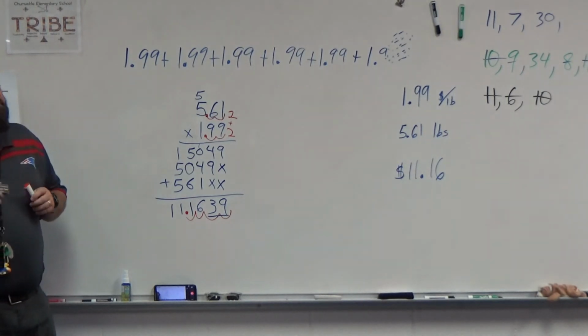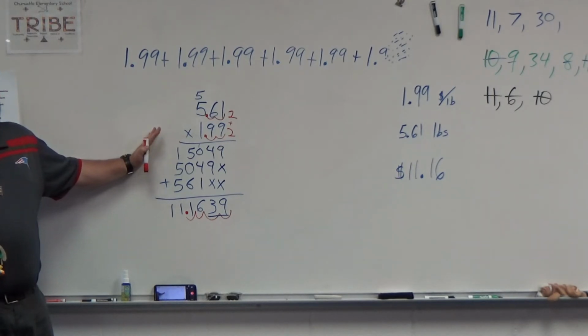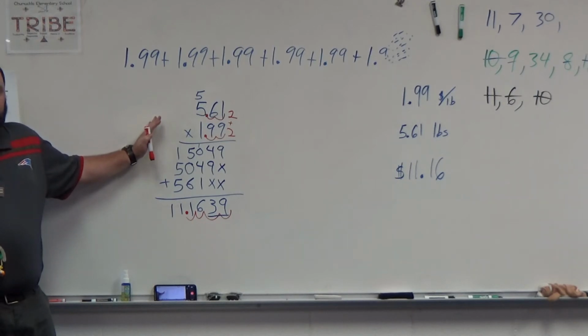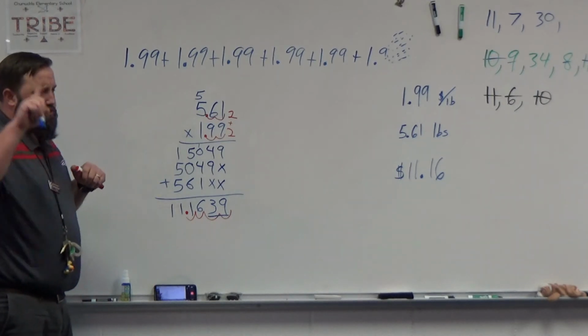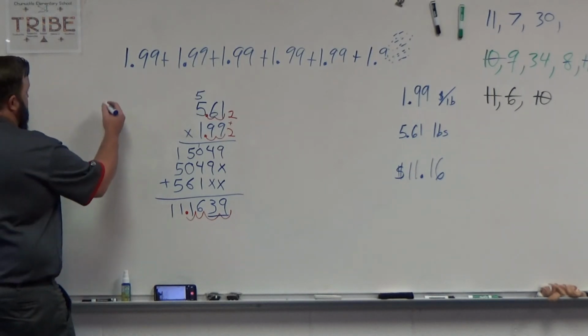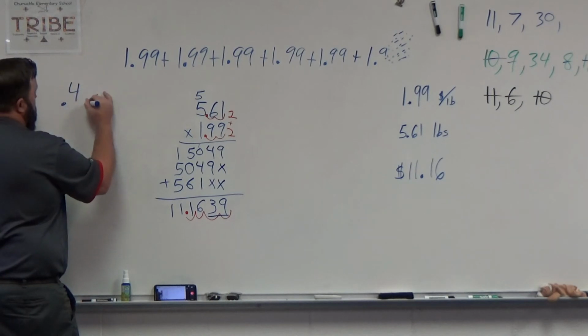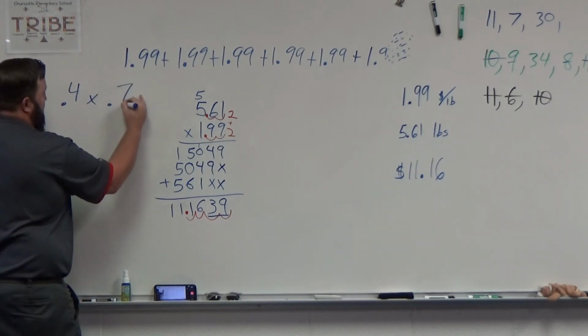This is multiplying decimals by decimals. Work on the classwork. I'm going to put a couple more examples on the tutorial. Make sure you go through it. I did want to show you number 1 on the work, and it reads 0.4 times 0.7.